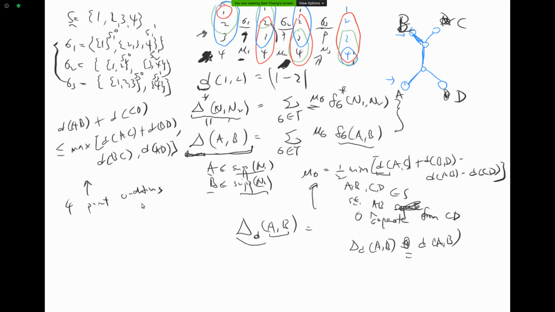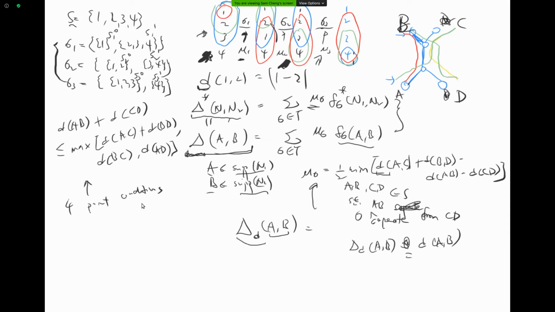As you can see, my 4-point condition is saying that if I have AB here with a distance, and I add the distance CD here, and I have my points assigned like this, I would expect AC to be the same as BD, so AC plus BD will be equal to AB plus CD.